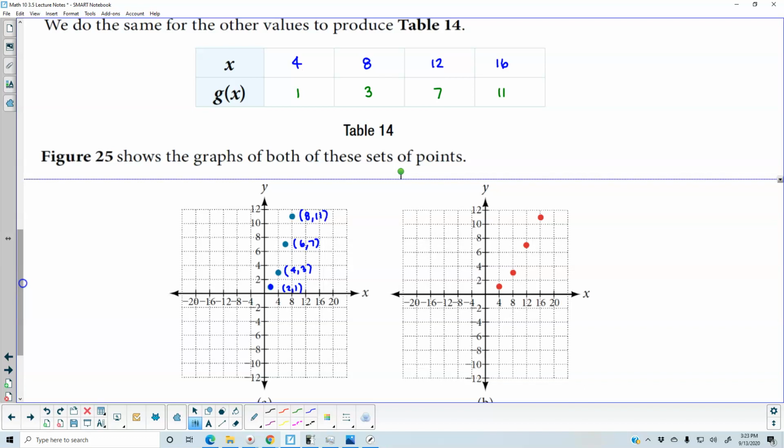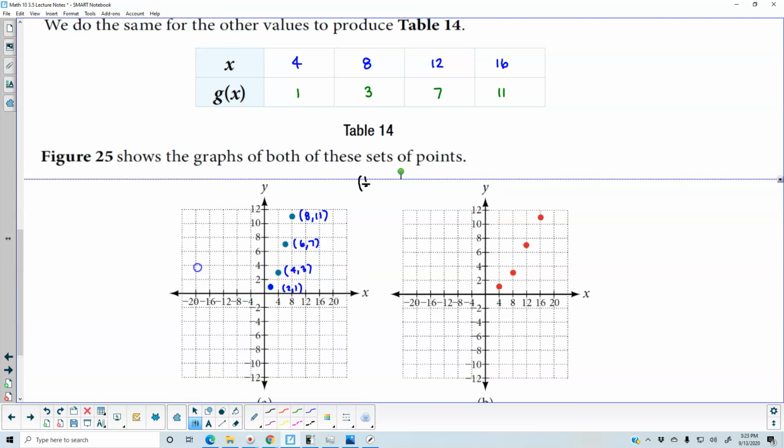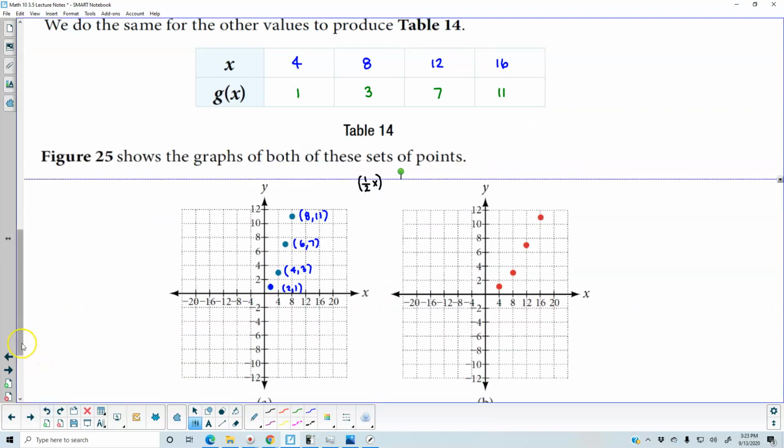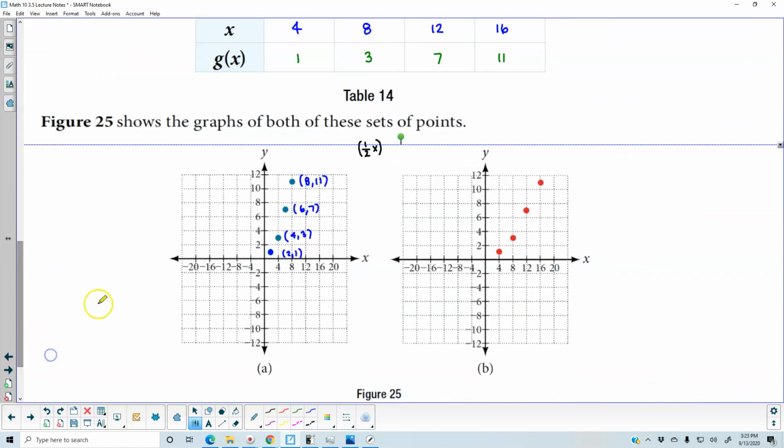So, going back to our original question, it's saying that we needed to take 1/2 and multiply it by the input. So, what we've done now is we've taken 2 and multiplied it by 8 and kept 11.